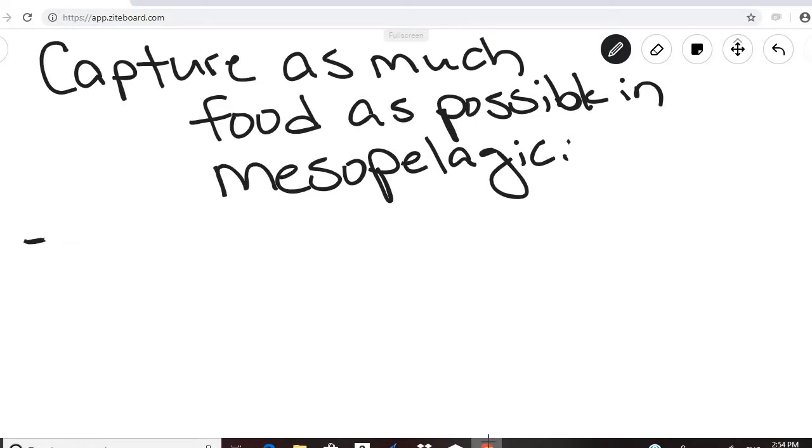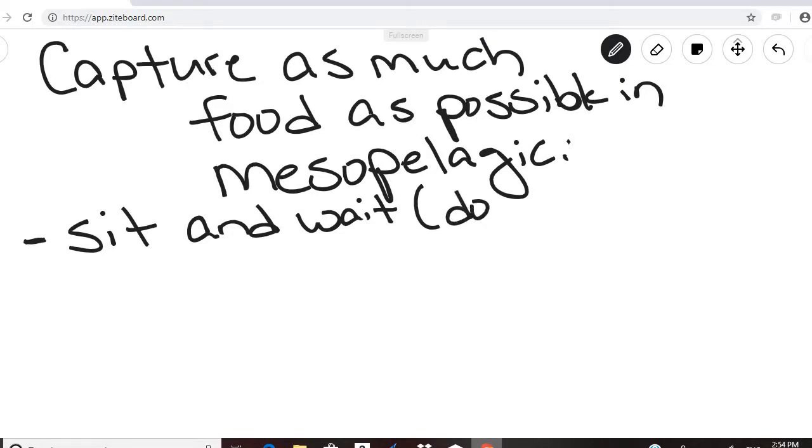So I'll just list some of the techniques that they use. Some organisms would just sit and wait. That doesn't use much energy.